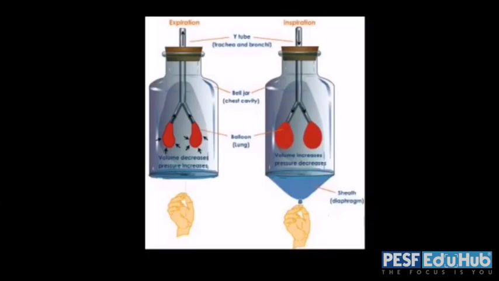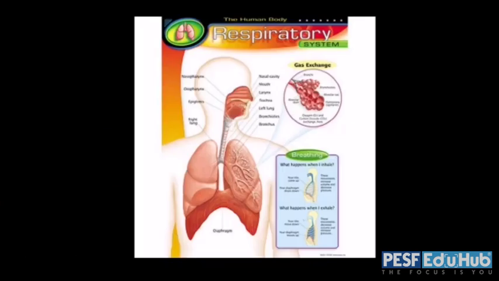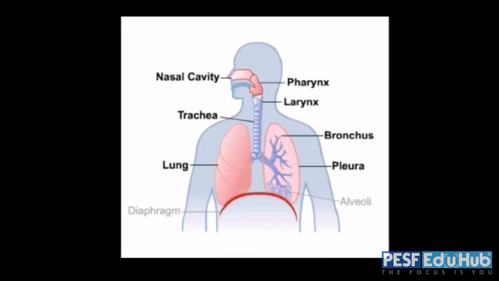See the larynx here. The larynx is the voice producing organ of man, because the larynx contains vocal cords. Vibration of the vocal cords produces sound. Which is the voice producing organ of man? The larynx.